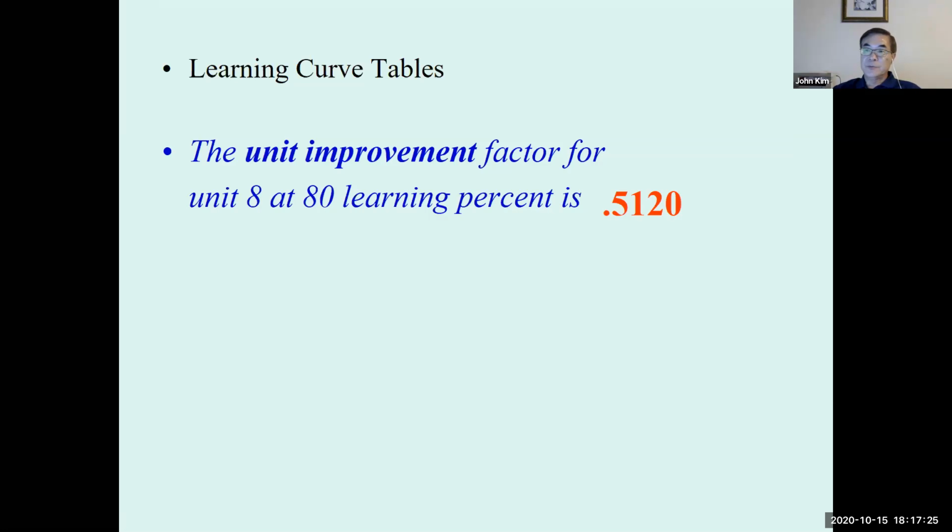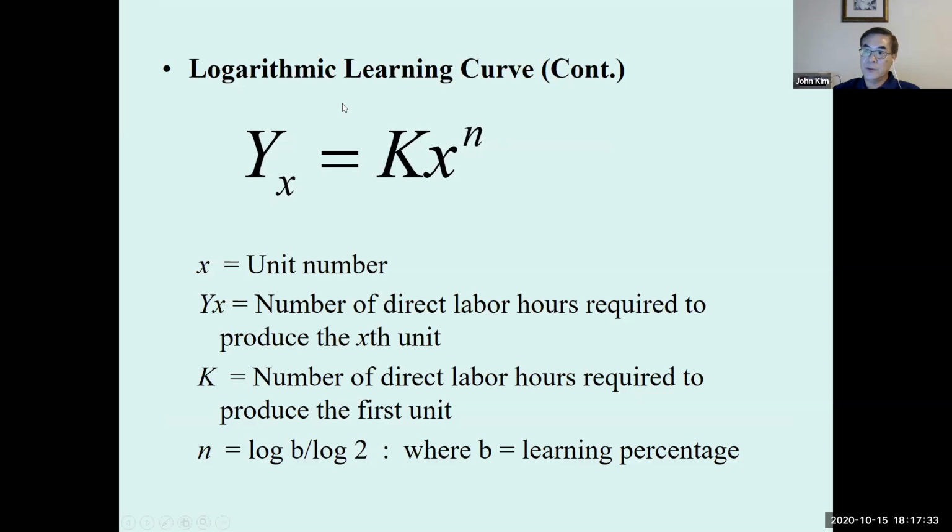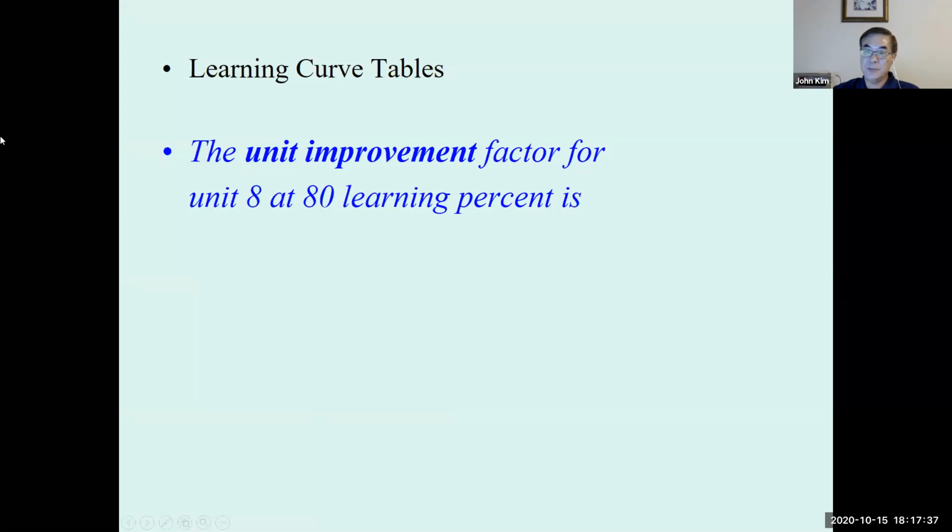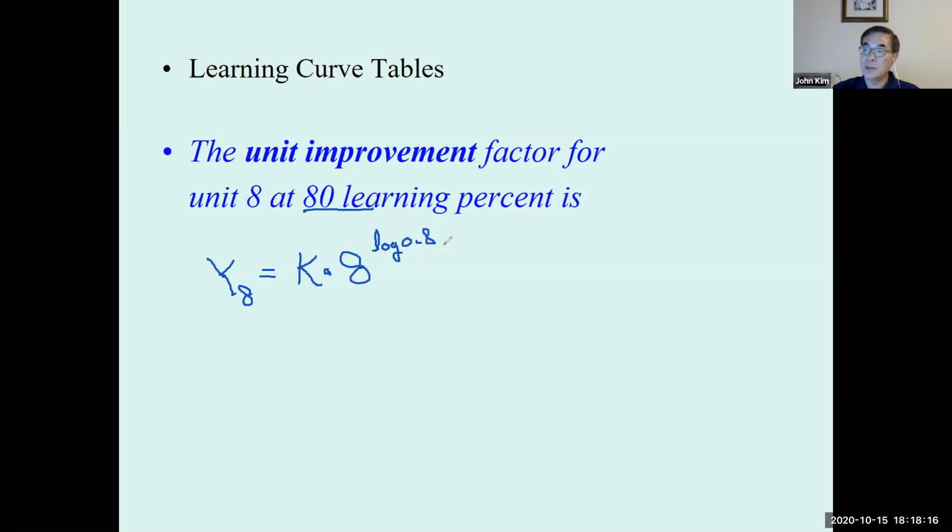Going back to the logarithmic learning curve formula, if we want to get Y eighth, then using the logarithmic learning curve formula, K, which is not given yet, times X is 8, and N is log of B, the learning percentage, 0.8, divided by log 2.